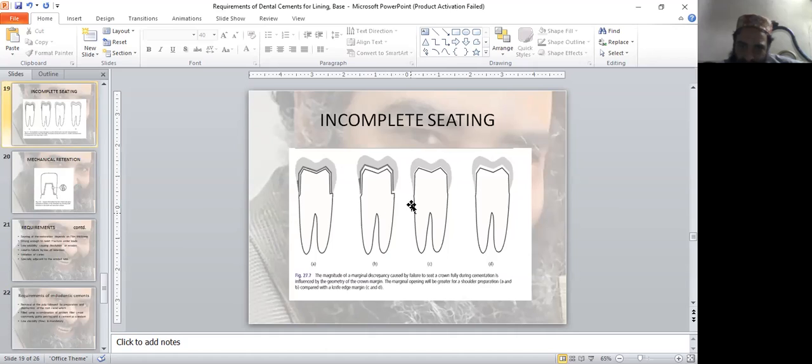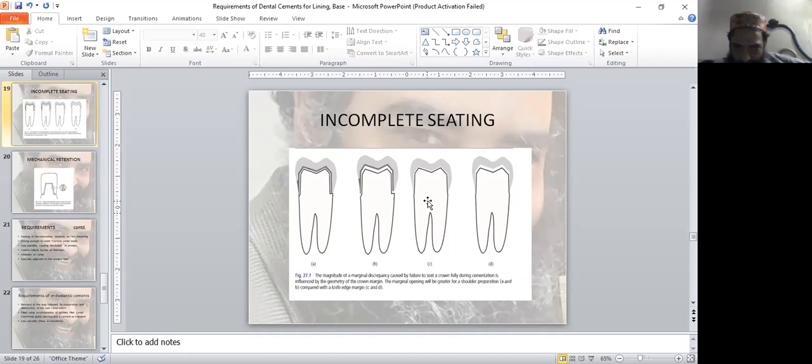As the geometry of the crown is different, here we can see a shoulder and it is a chamfer. So it is fully seated and it is not fully seated.